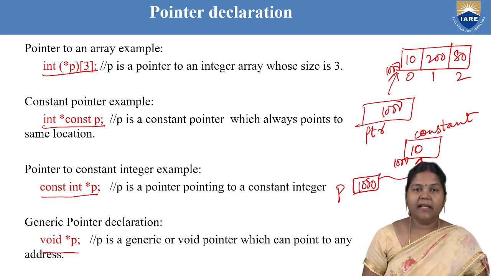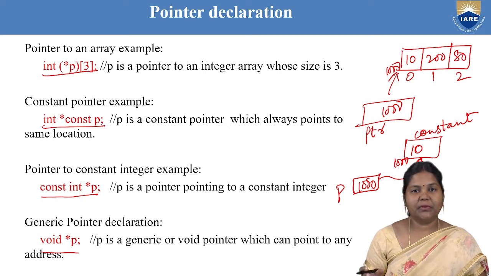So, the generic pointers require less memory than specialized pointers. Suppose you want 3 different types of pointer, one integer pointer, one character pointer, one float pointer, then you have to declare 3 specialized pointers separately. Each pointer occupies some memory.